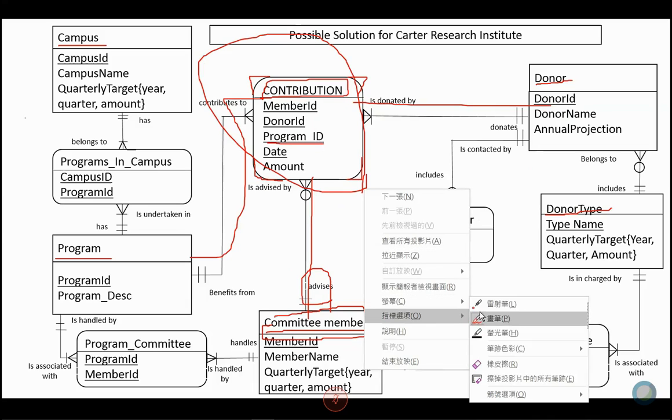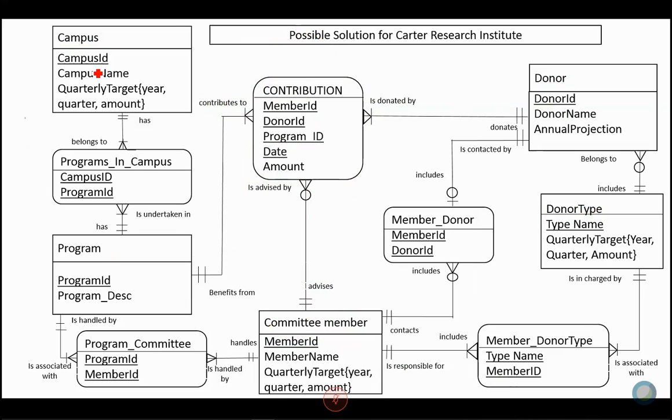Okay, that's one key thing, and there are about 4 other associate entities, because the relationship is many to many, like campus and programs. Each program can belong to several different campuses, and each campus can include many different programs.